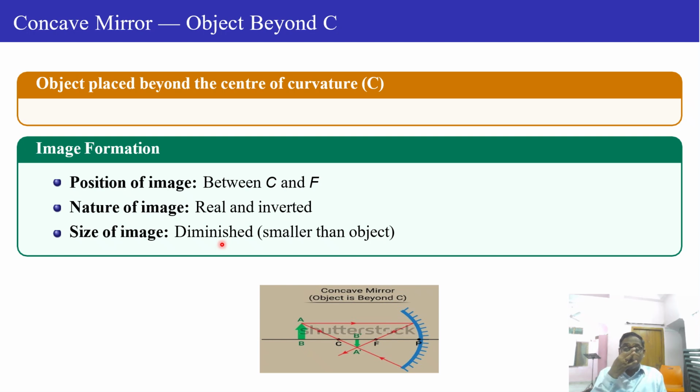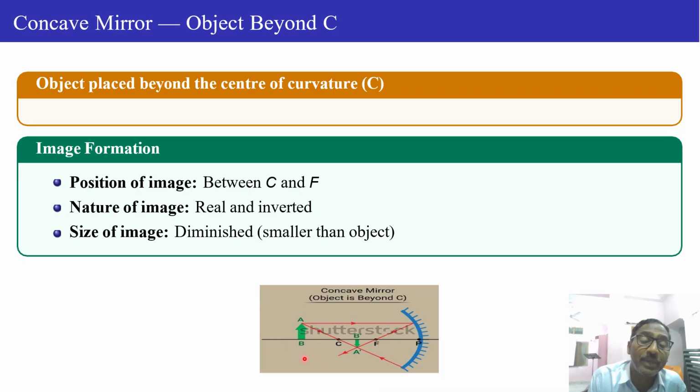This is the parallel ray after reflection passing through focus, and this is the ray which is passing through center of curvature, where the reflected rays are intersecting. So the reflected rays intersect in between C and F.